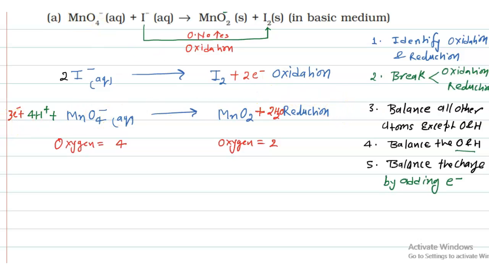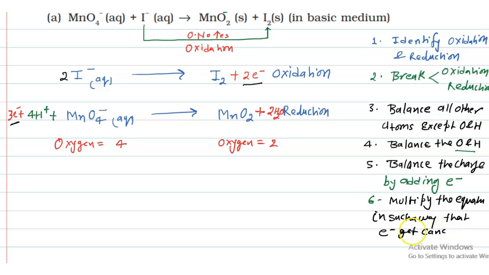Now multiply the reactions in such a way that the electrons get cancelled out.